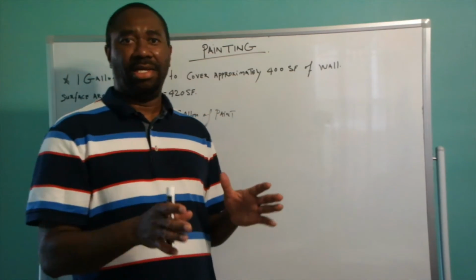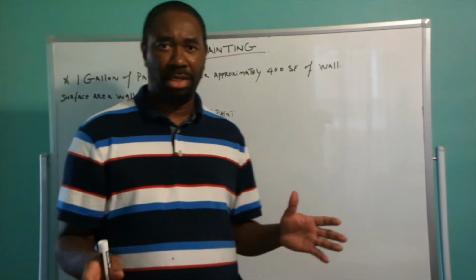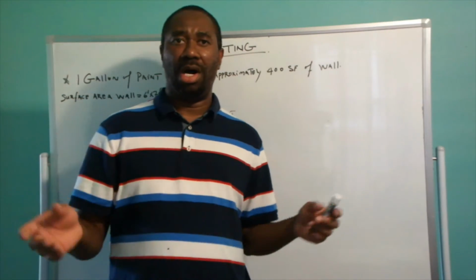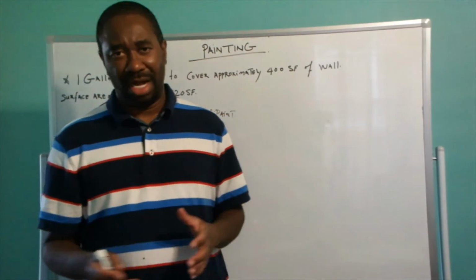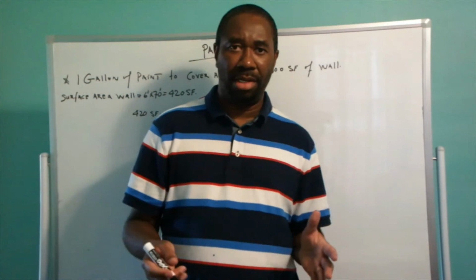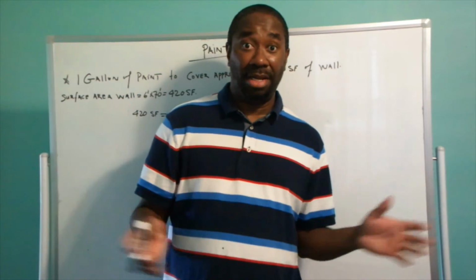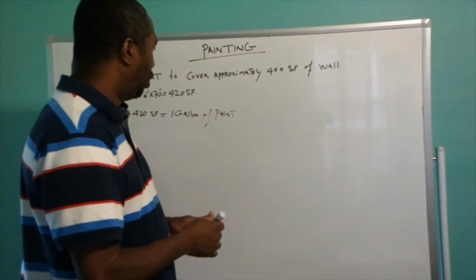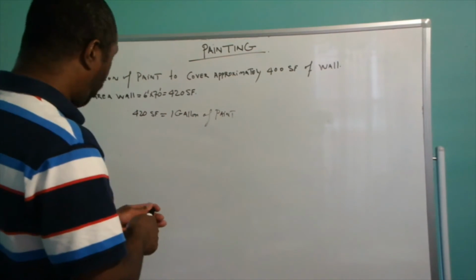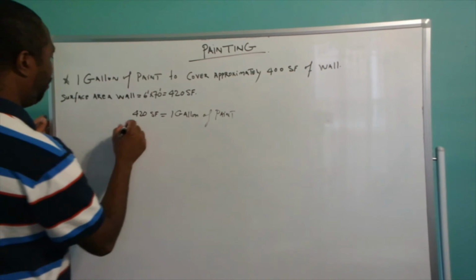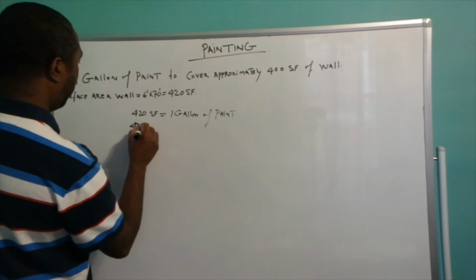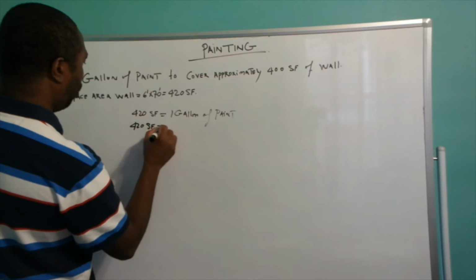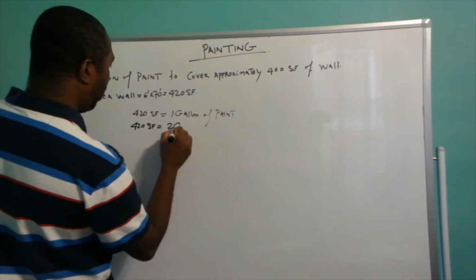More than likely it is going to need 2 coats, especially if the wall is not rough cast or rendered properly. And at times you might need 3 coats, but for this exercise we are going to use 2 coats. So for 2 coats, we know that this 420 square feet is going to equal to 2 gallons.